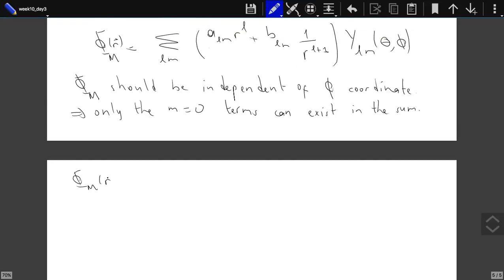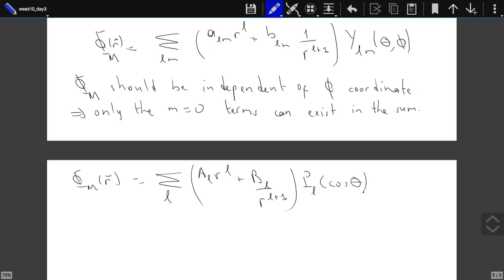Now, if that is the case, I only have a summation over L. So let me just give them some different names: A_L r^L plus B_L over r^(L+1). Y_L0 are nothing but Legendre polynomials. Now, there's a proportionality constant.